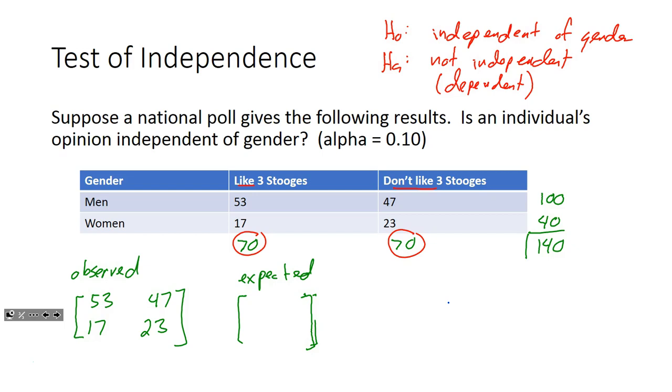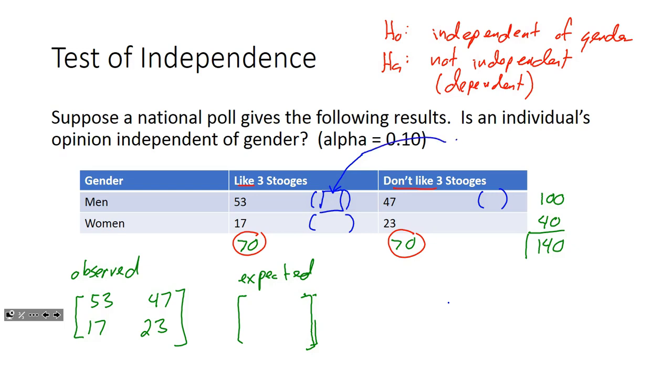I'll use blue ink to show you this. Expected values, you could consider other numbers in these cells. So observed are the numbers that were given, 53, 47. Expected will be these ones I'm going to calculate for you. To get any expected value, like this one right here, you can use the following formula.